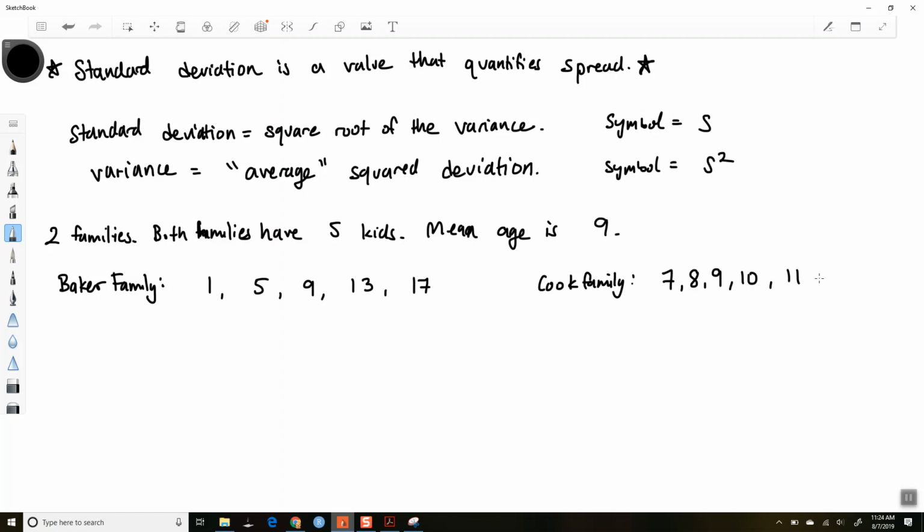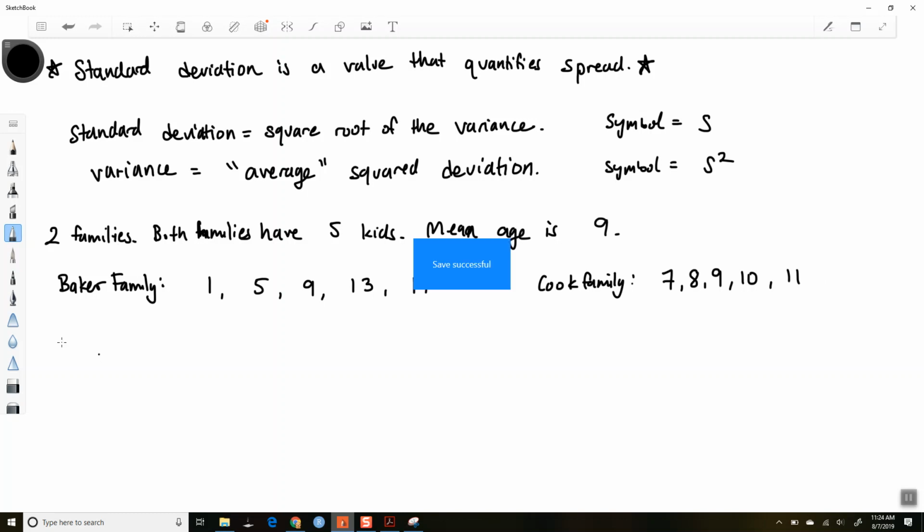So if we're just looking at the numbers, which family has the larger standard deviation? The Baker family, right? There's more spread, they're going to have a larger standard deviation. Okay, well, let's go ahead and calculate the standard deviation for the Baker family.